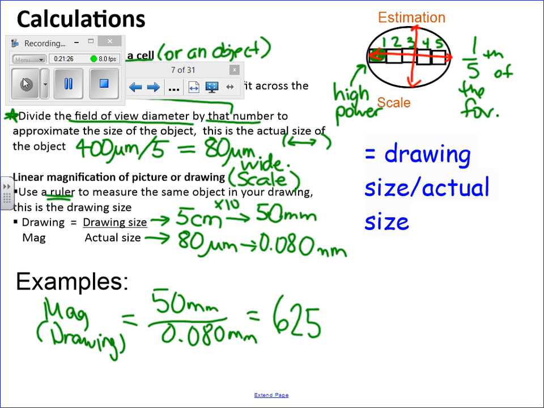Now, am I going to put a unit? Well, millimeters and millimeters cancel each other out. So generally when we're writing scale, you don't have to write an official unit, but we do tend to write this. The scale of something is 625 to 1. That means for every 1 unit in real life, my picture is 625 times the size of that.